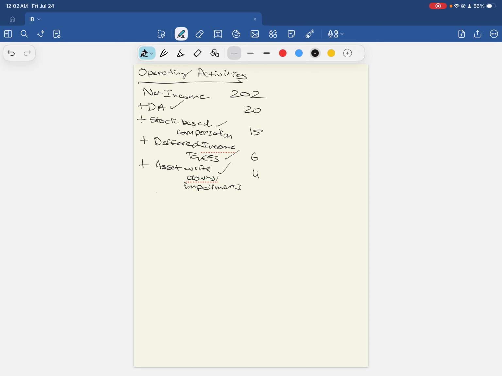Here, we also have plus or minus, because it really depends on your asset sales. This could be either your gains or your losses on asset sales, right? Say that you lose money on an asset sale, it's a loss, you subtract out a 3. If you gain money on an asset sale, you add a 3.